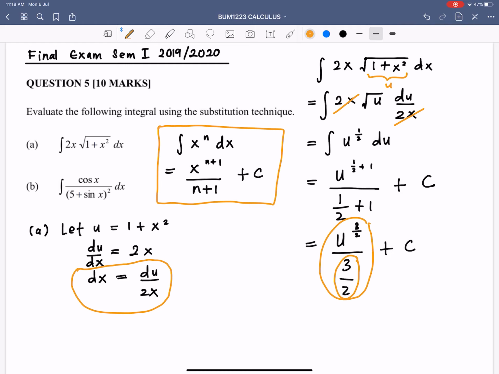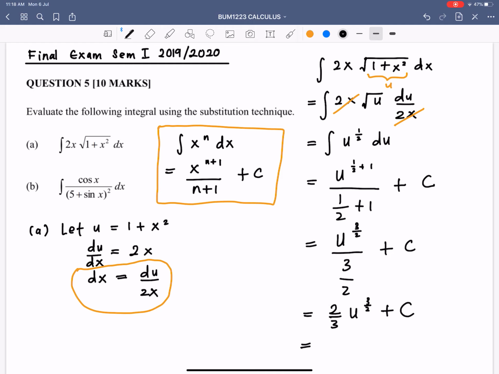So we will rewrite this as 2/3 u to the power of 3/2 plus c. And remember, your final answer must also be in terms of x, because we want to go back to the original variable of the integral, which is x.